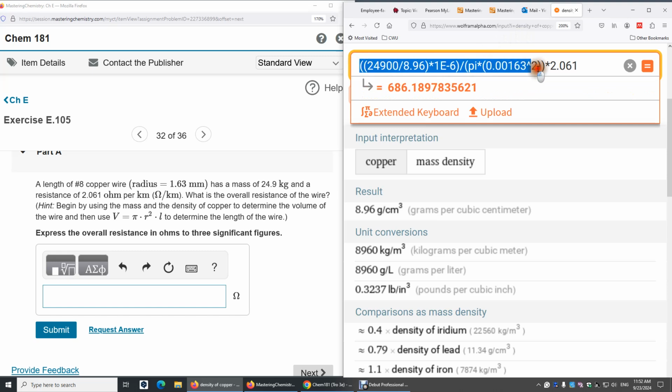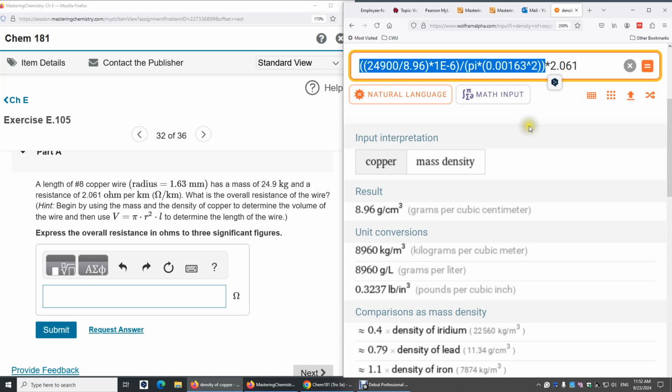Now if you look at just this part, it is going to be in meters, because I have the volume in cubic meters divided by the area of the circle in square meters. So we have the length in meters.